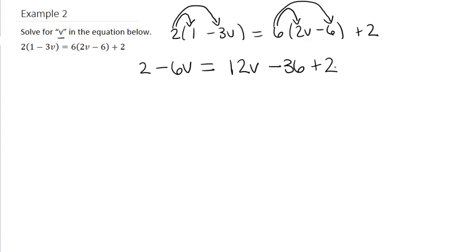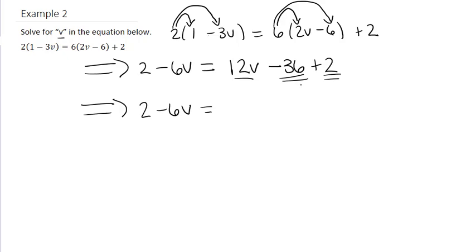So now we've distributed. Now we can combine like terms on both sides of the equal sign before we start solving. So we're going to do this big arrow to say that this is the new line. And here we go again. So now let's simplify. So the 2 minus 6v will stay as is. And now we just have one 12v on the right-hand side, and then we have two numbers.